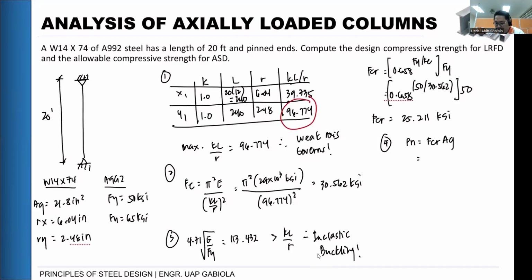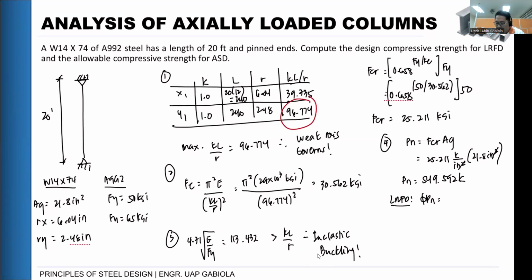Okay? So number 4, so we have Pn is equals to Fcr times Ag. So that is 25.211 kip per inches squared times 21.8 inches squared. Cancel to. So Pn natin is 549.592 kip. Okay? So for LRFD, that is just phi Pn.